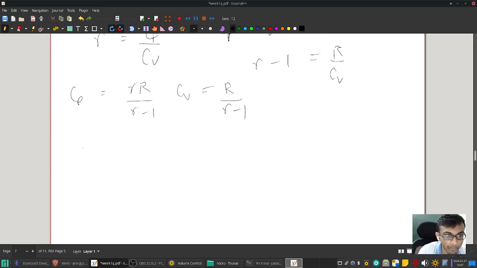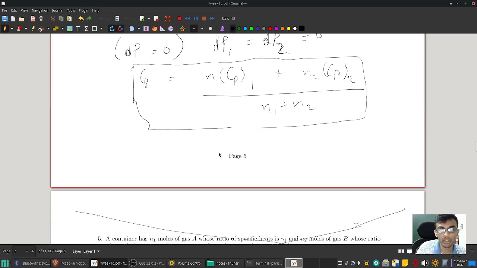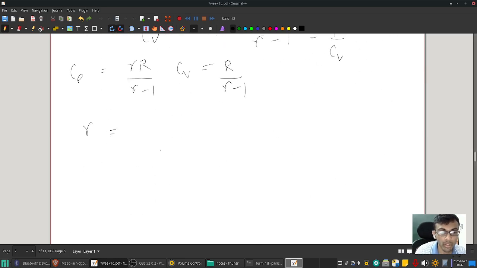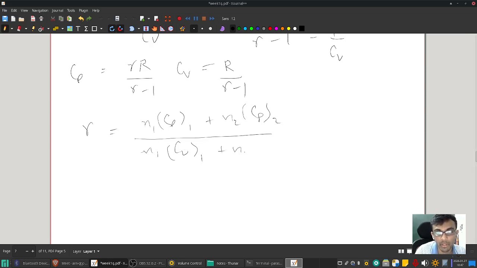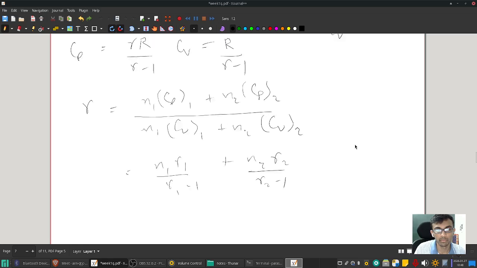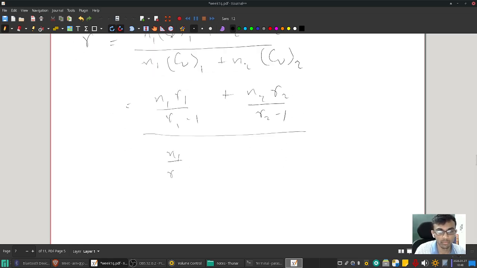So the final gamma is Cp by Cv, which is, from these two sets of boxed equations, going to be N1 Cp1 plus N2 Cp2 by N1 Cv1 plus N2 Cv2, which is, okay.